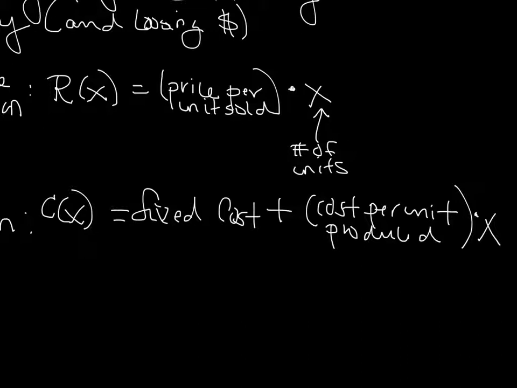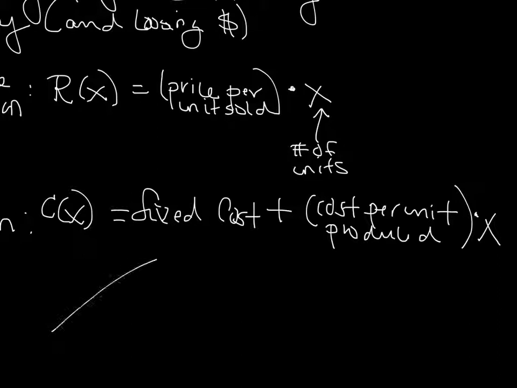Okay, so basically the point of intersection of these two graphs, which are generalized right now, the revenue function and the cost function, which are lines, is called the break-even point.